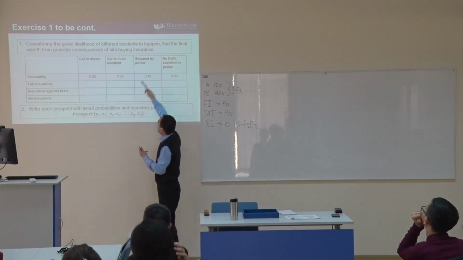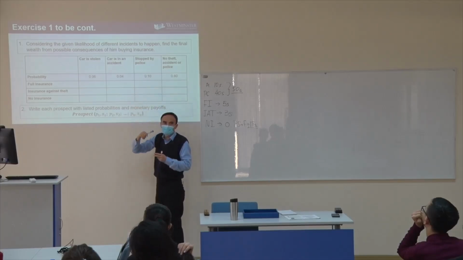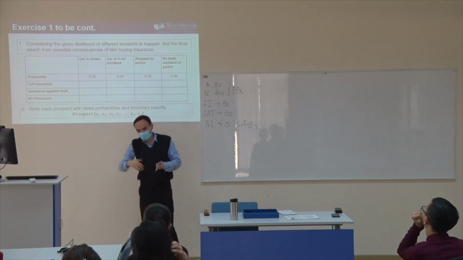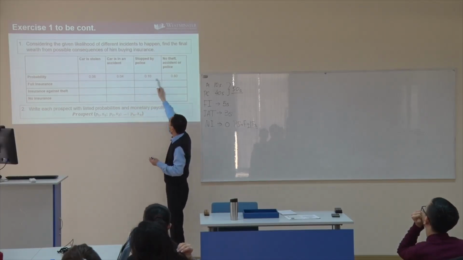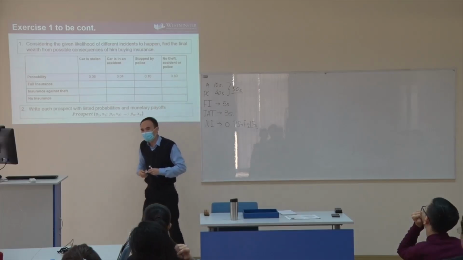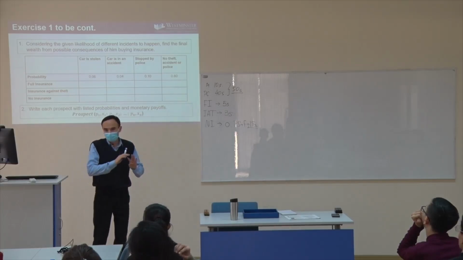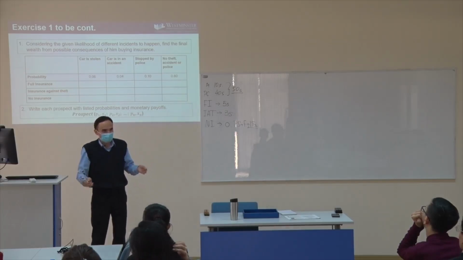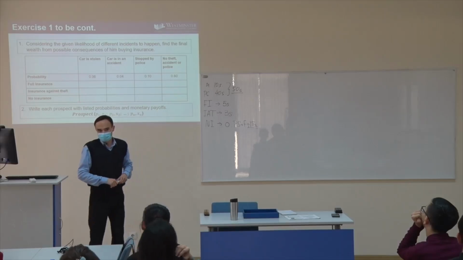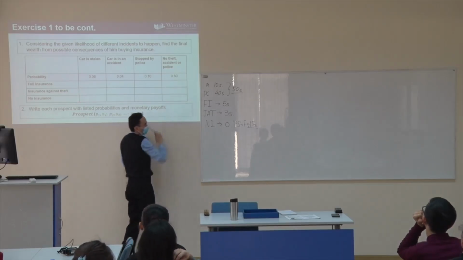And another thing is police. So the likelihood of any driver being stopped by the police is 10%. Okay, this is another one. And here, there is 80% likelihood that nothing is going to happen. Your car will not be stolen, you will not be in an accident, and police will not stop you. So that one is 80%, okay?